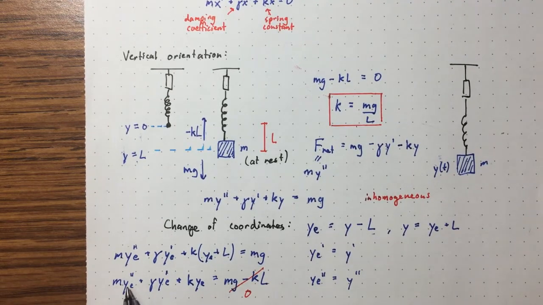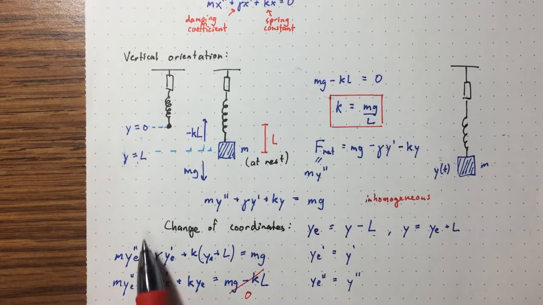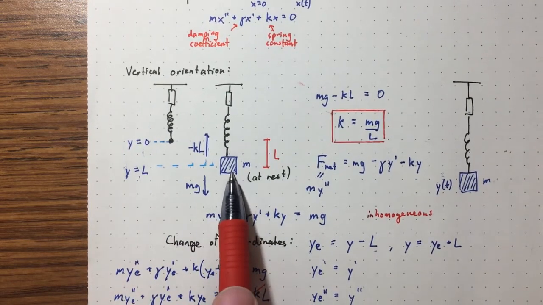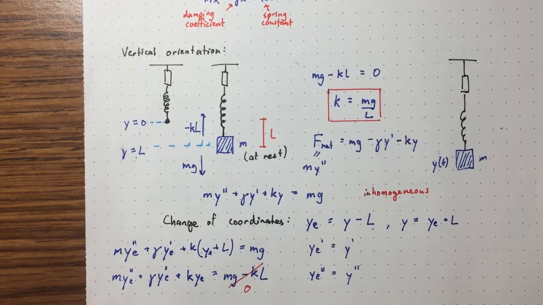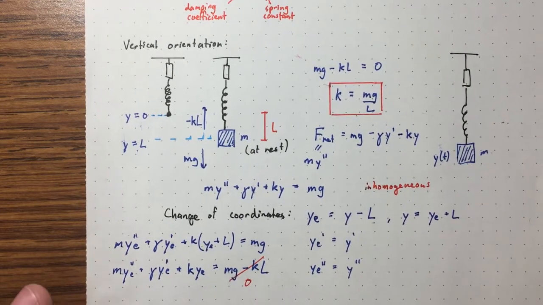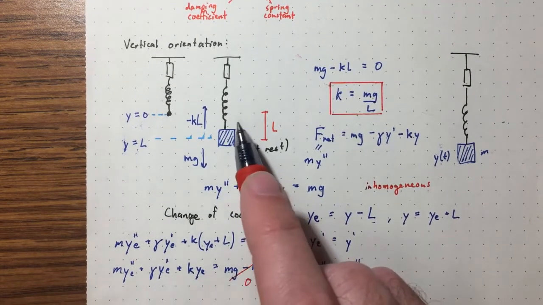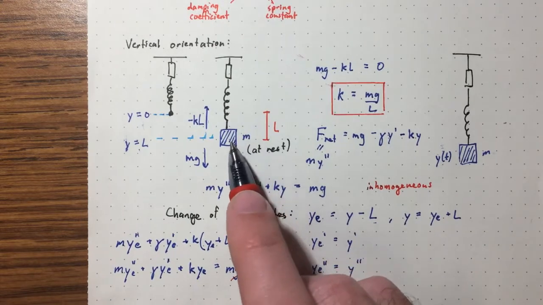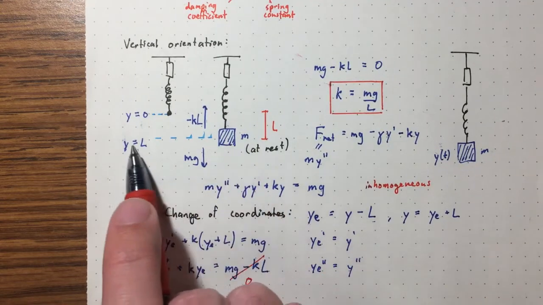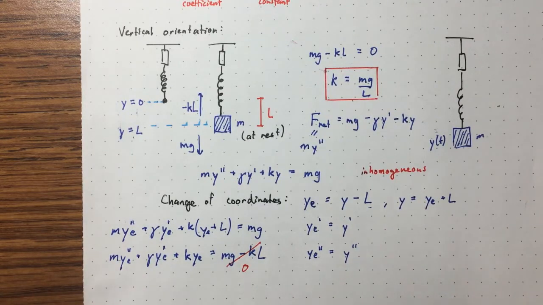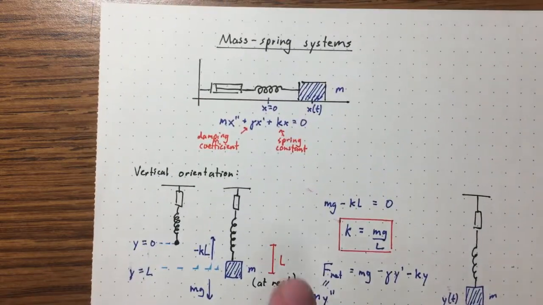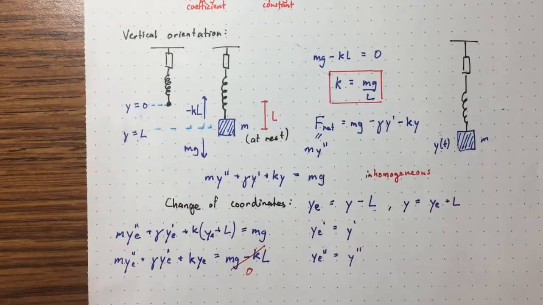I just have to keep in mind that I need to take the equilibrium position with the mass attached, right, to be my 0 position. Okay, and if I do that, I don't have to worry about this mg. In other words, it already accounts for the gravity if I just call this position the equilibrium position. So that's the whole point of that. Basically, you can just use the same differential equation, whether it's the horizontal setup or the vertical setup.